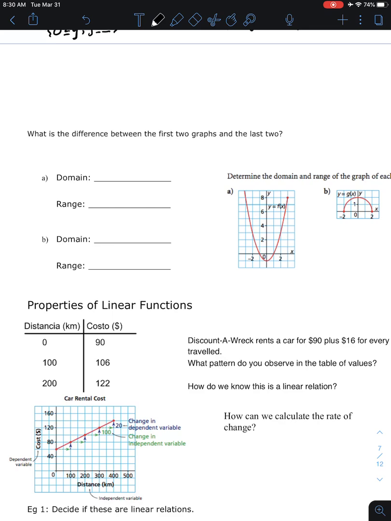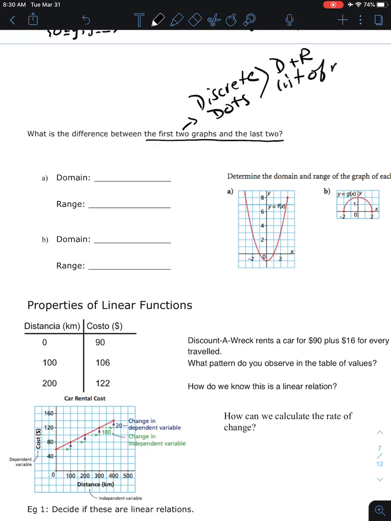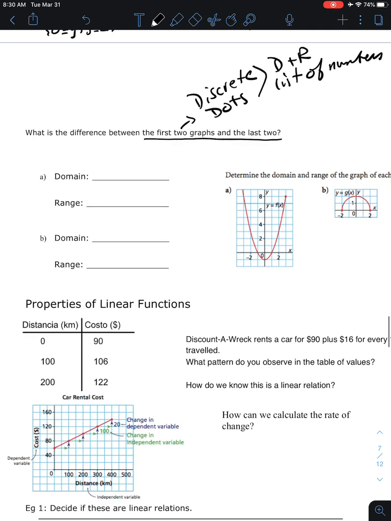Okay, now, there we go. What was the difference between the first 2 graphs and the last 2? Well, I pointed that out. The first 2 graphs were discrete data, so they were dots. And that tells me that the domain and range will be a list of numbers. And that's all, the list of the values that x takes for the domain.